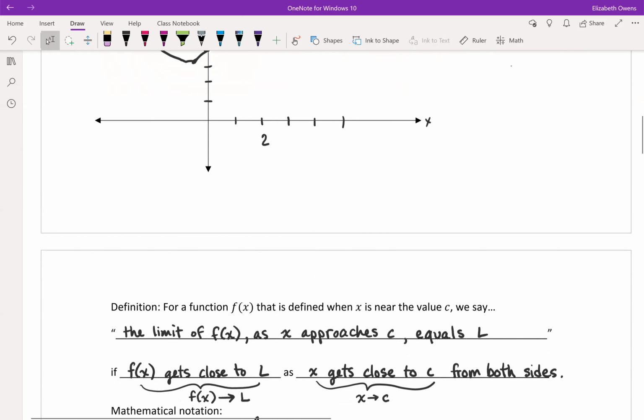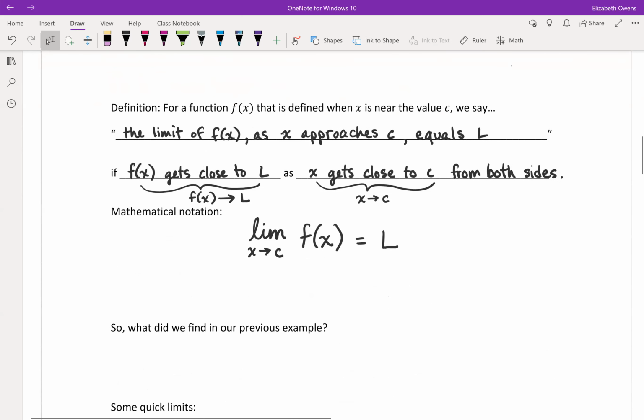Speaking of that example, what were we finding in that previous example? Well, we were actually finding one of these limits. In our previous example, the function f of x was x cubed minus 8 over x minus 2, and we were seeing what happened as our x values were getting really, really close to 2.